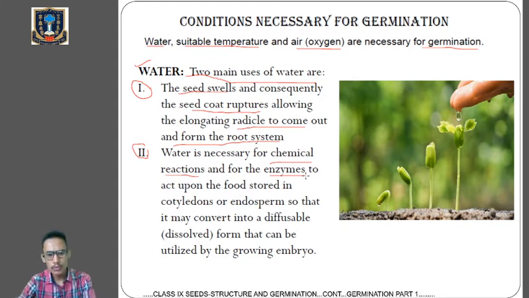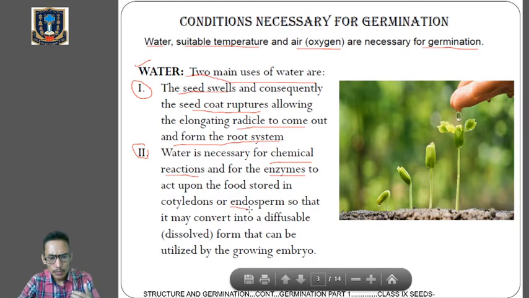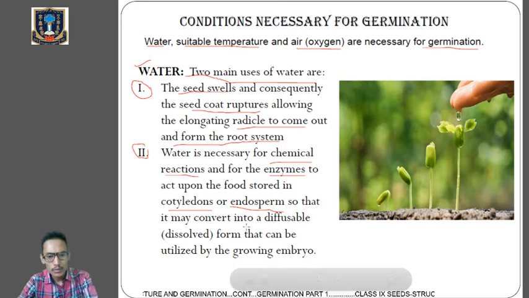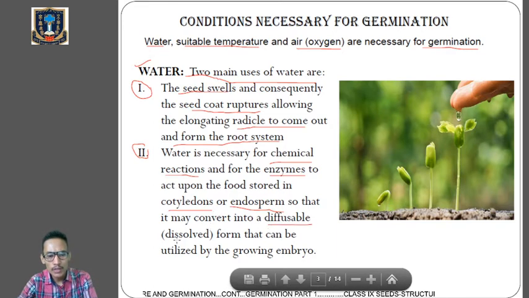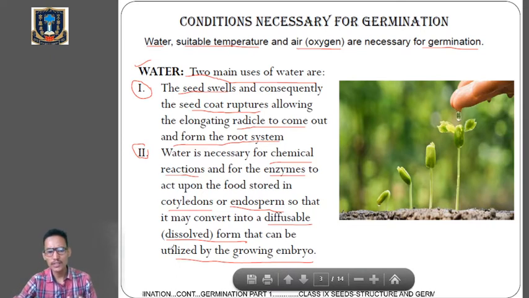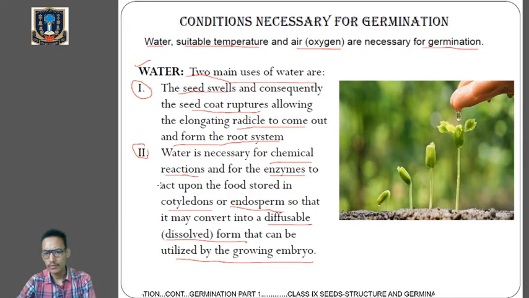So the water absorbed by the seeds is utilized to carry out different chemical reactions and for the activation of enzymes, so that the reserve food materials in the seed, which are in the form of endosperm or stored in the cotyledons, can be turned into a diffusible or dissolved form, and those dissolved food particles will be utilized by the growing embryo. Clear? So this is the significance of water for germination.